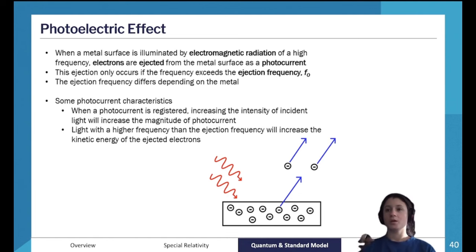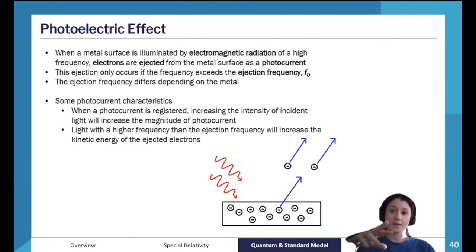So, when we're increasing the frequency of the light, we're increasing the energy of the light. If light is a particle, high frequency particles, high frequency photons, will have a lot of energy, right?